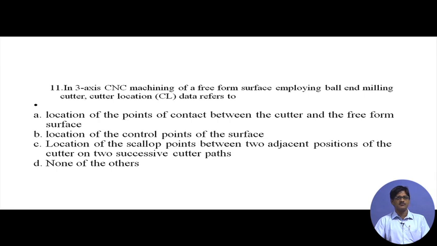Control points have nothing to do with cutter location points. Location of the scallop points between the two adjacent positions of the cutter and the successive cutter paths. Scallop points have nothing to do with cutter location data. None of the others. So, answer is none of the others.